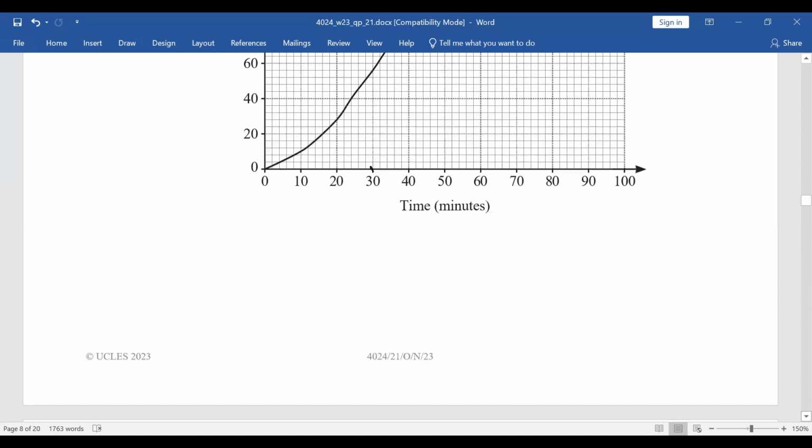Okay, this is 30. So if we draw a vertical line from 30 minutes, it will intersect the curve at this point.